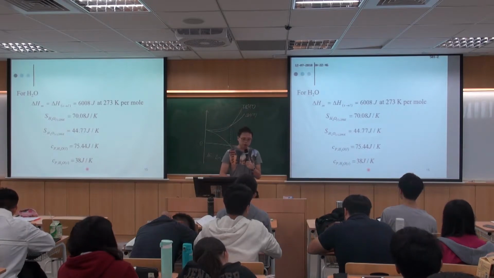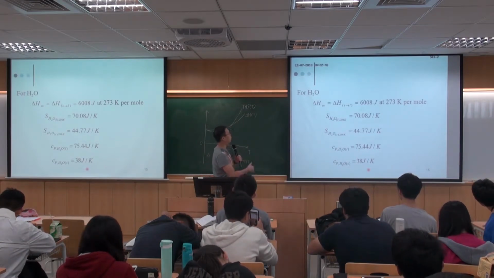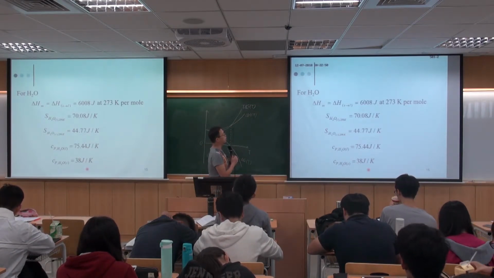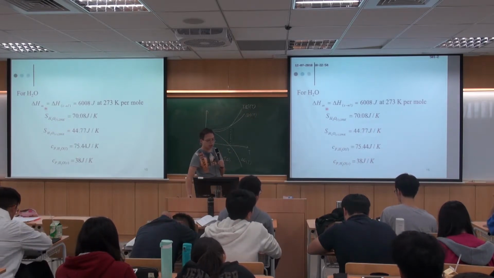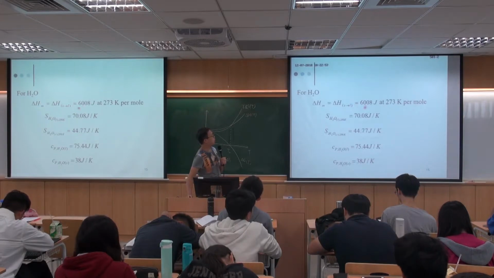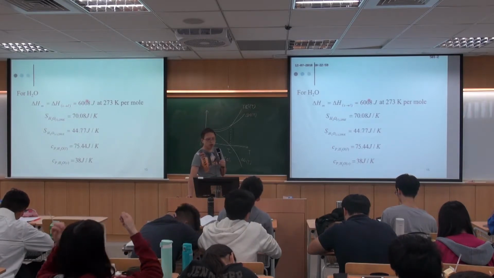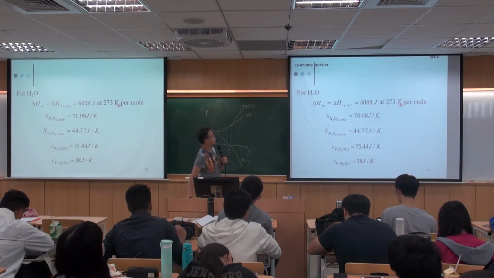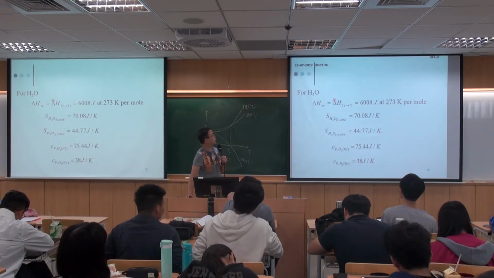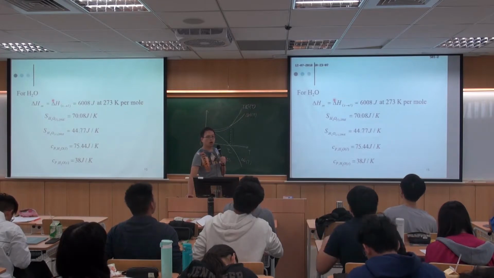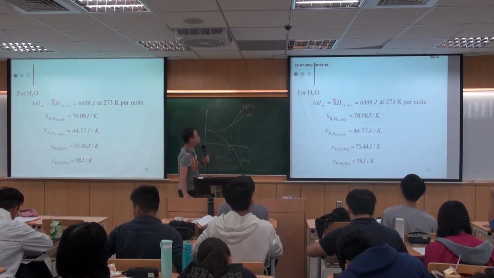But here, for instance, in the case of water, if you know some of this information, for instance, the latent heat from solid to liquid phase, which is around 6,000 joule at 0 degrees Celsius, for 1 mole of water molecules.